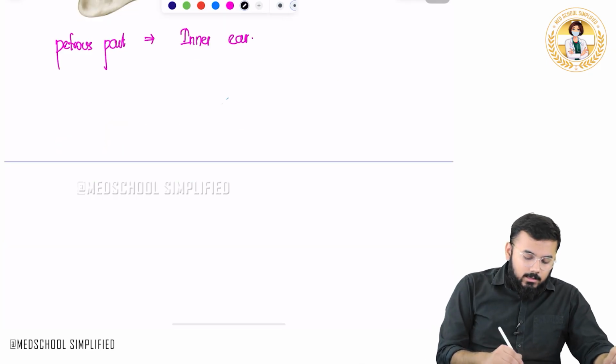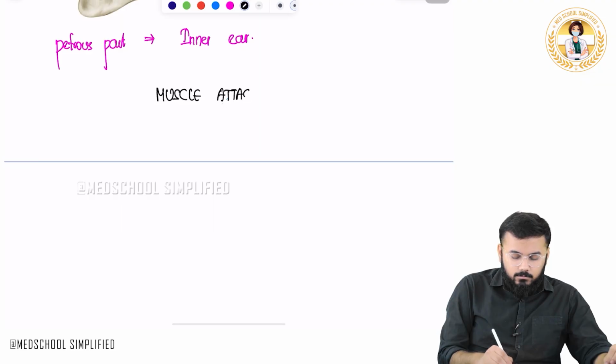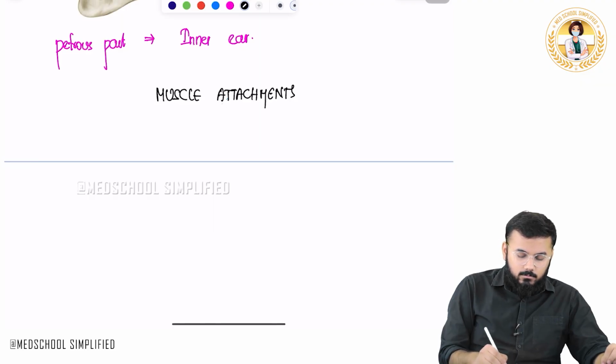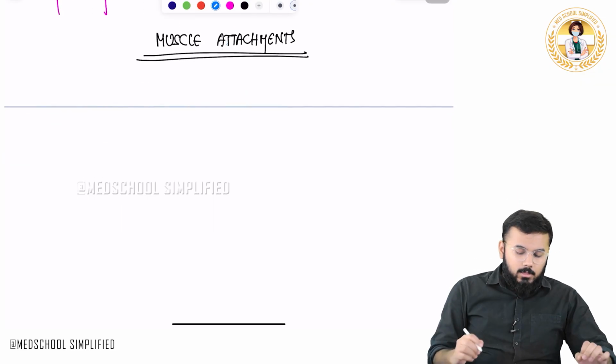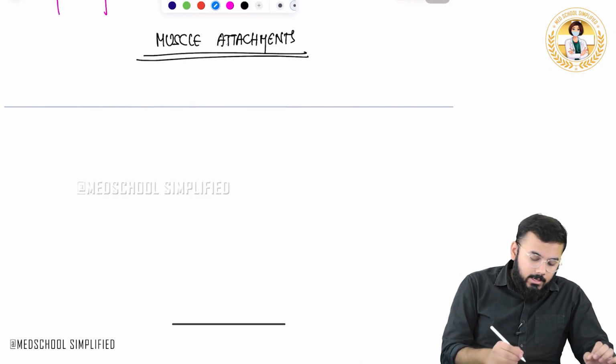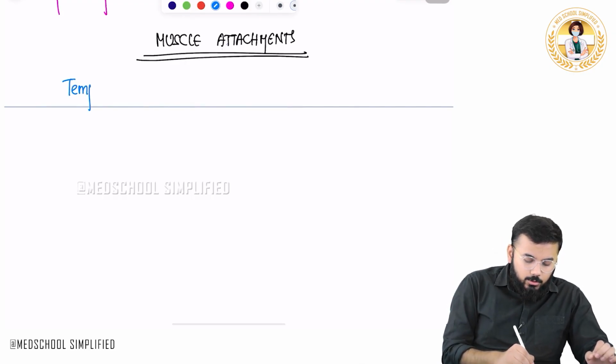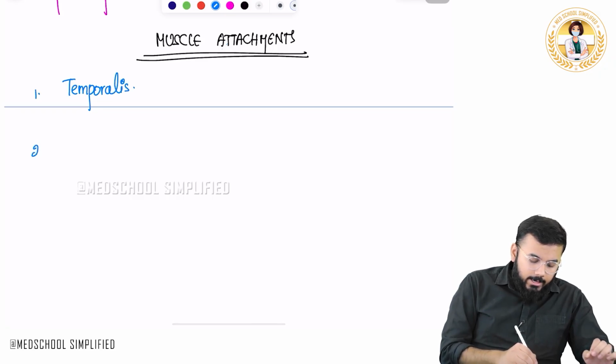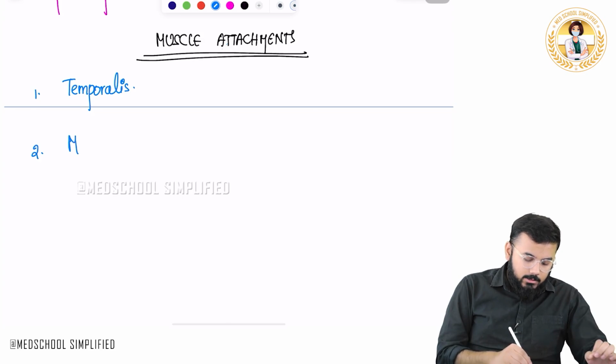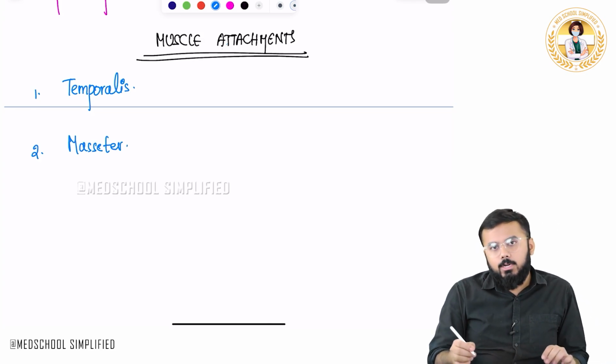So what are the muscle attachments which you can see over here? The first important muscle which you need to know is the temporalis muscle. The second important muscle is the masseter muscle. All these muscles are attached to your temporal bone.